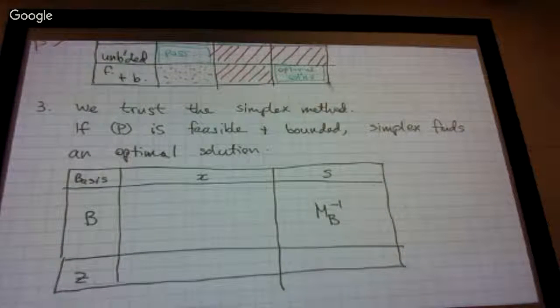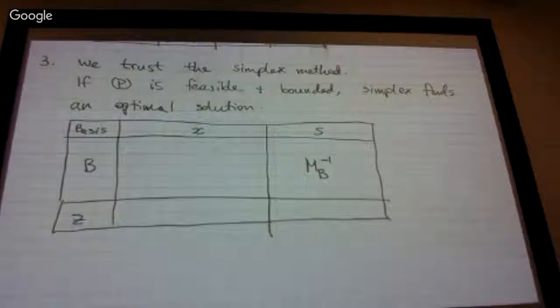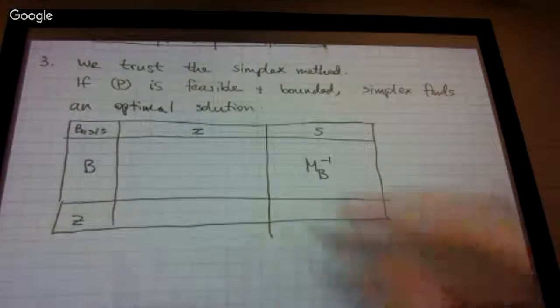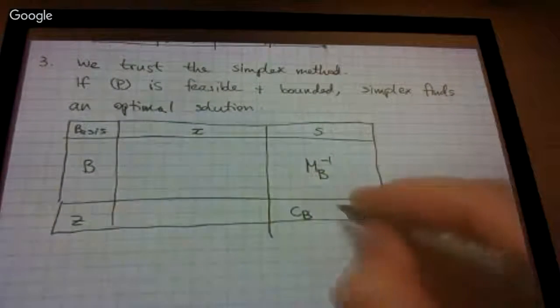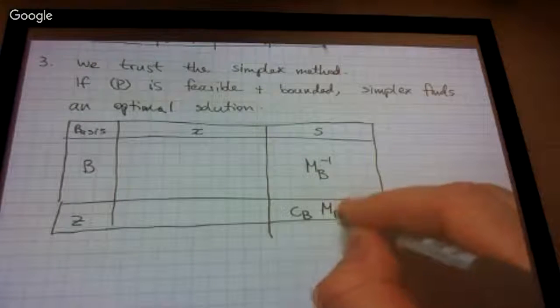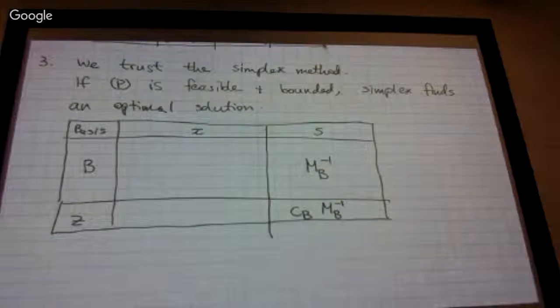Well, part of the lectures that we were really doing was to find out that this was a matrix that we called MB inverse. Okay, that's some sort of matrix. Then we knew that this was, we call this like this, or maybe with a dash, but that doesn't really matter.